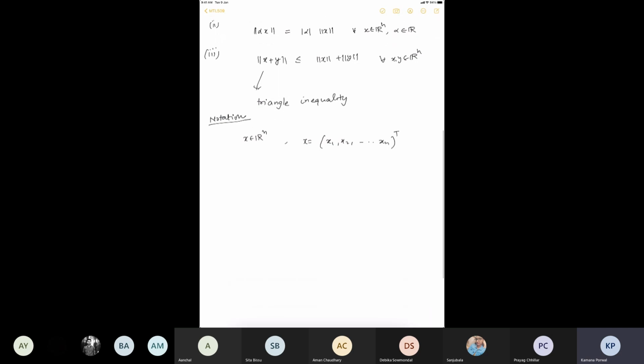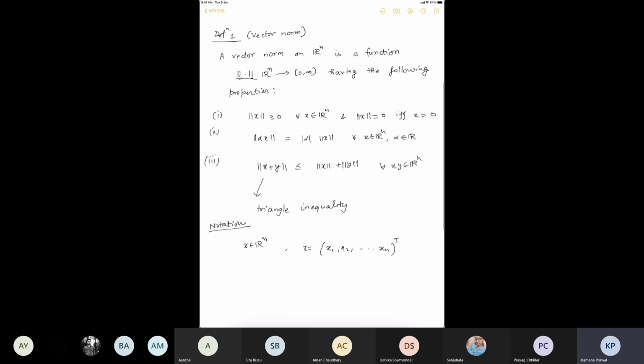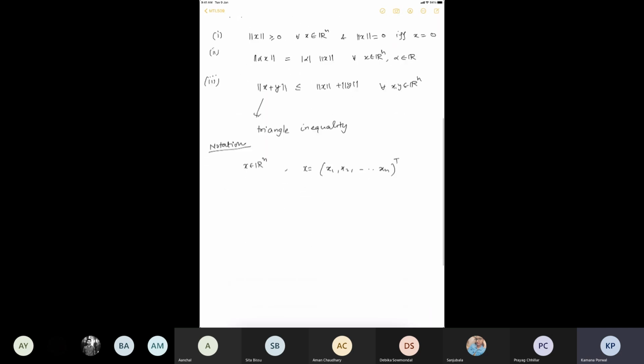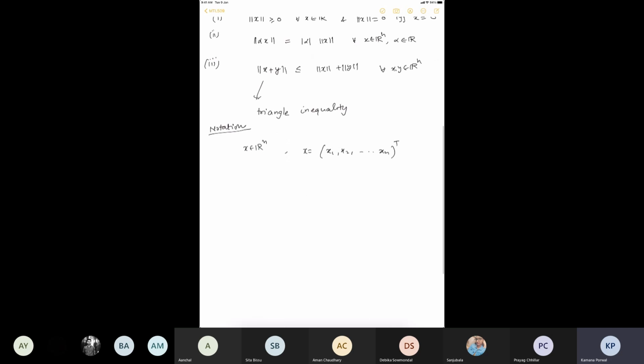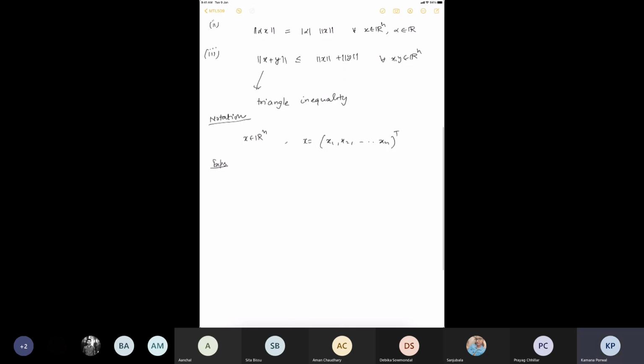So let's see some examples of the norm. Here we are talking about norms on Rn. We have various norms on Rn, first of all. So let's see some examples. Are you familiar with any norms on Rn? Can you tell me?